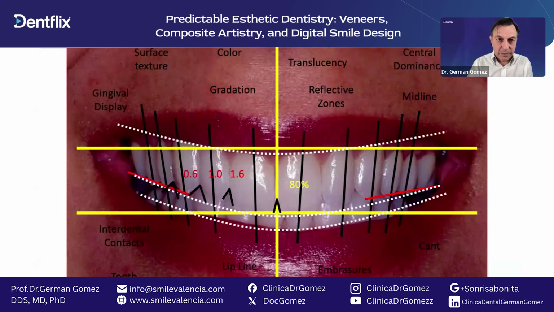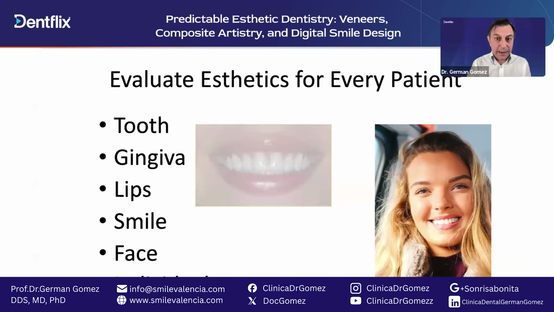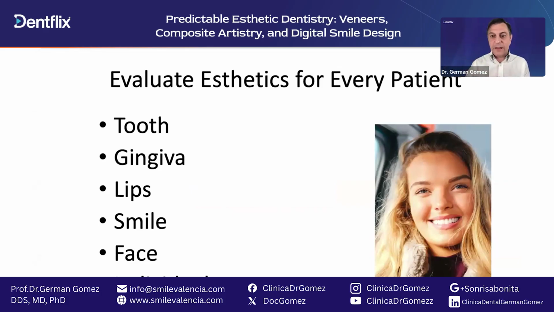A lot of things. Then what do we look at? We look at the tooth, the gingiva, and the lips of a person, the framework of our final work. Then also the smile per se, the face, and then the whole individual. Is it a long face? Very tiny, small teeth in a long face do not look good, and so on.